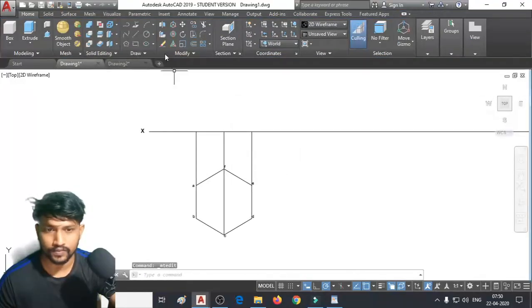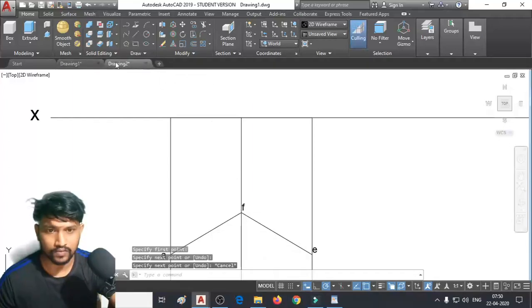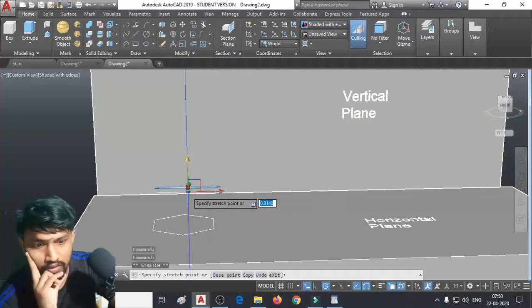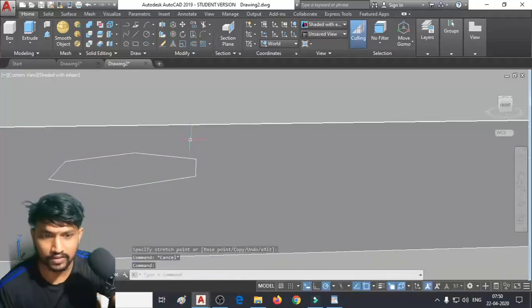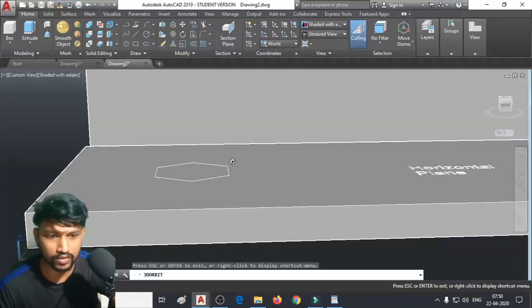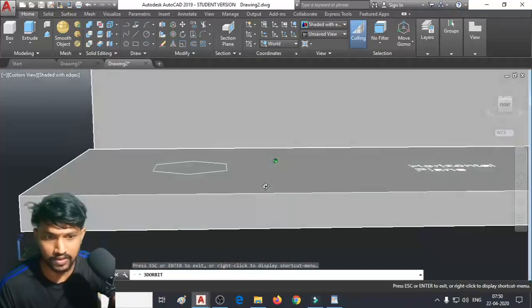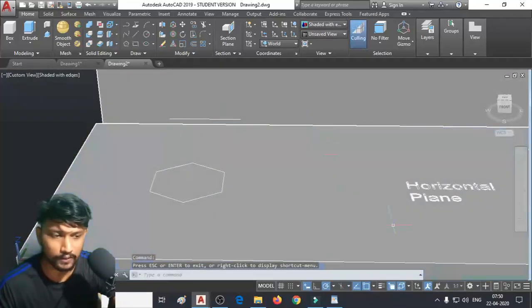Since it is resting on the horizontal plane, this one will look like it is on the XY line. I can't just join these both because if I do so, it will be difficult for you to see this straight line. From the front view, this plane is just looking like a straight line, so that's why I got a projection of a straight line here.